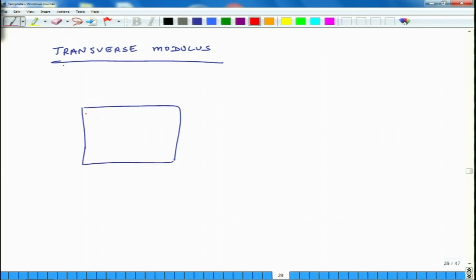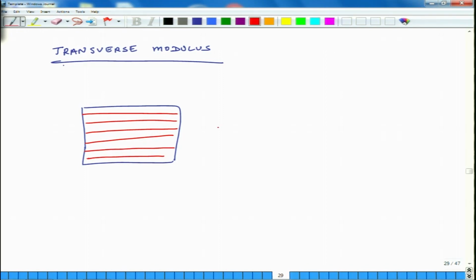Suppose I have a sample of composite material and the fibers are again running like this. So, this is my L direction, that is my T direction. Here I am interested in finding ET, which means that I am subjecting my sample to a load P, but this P is aligned with the T direction.